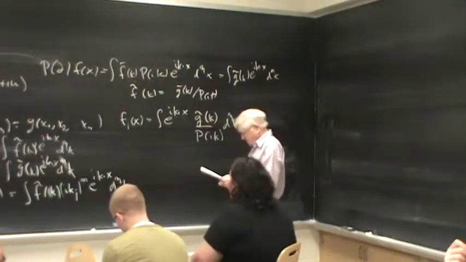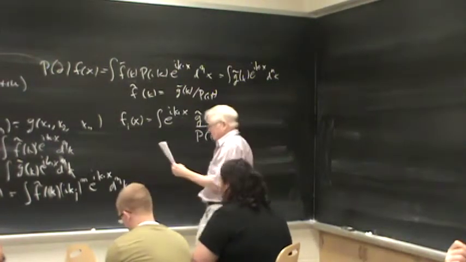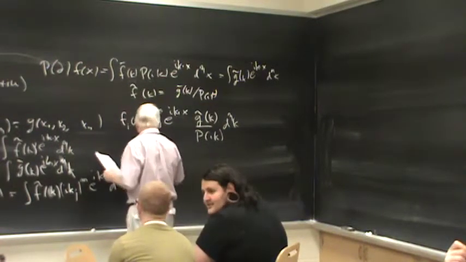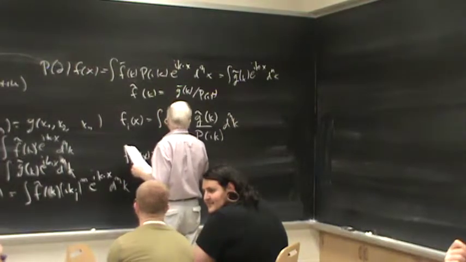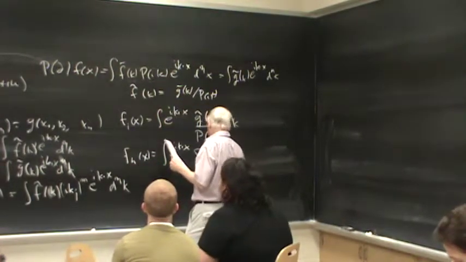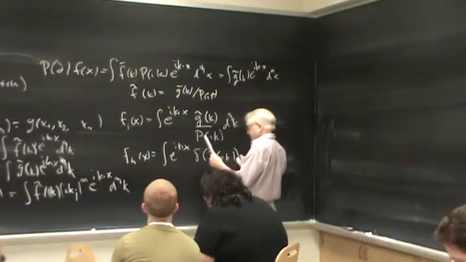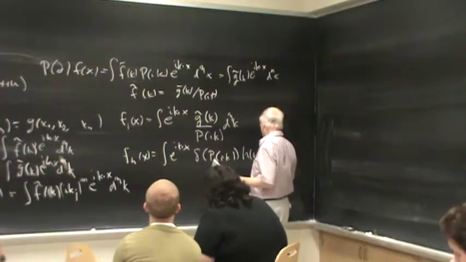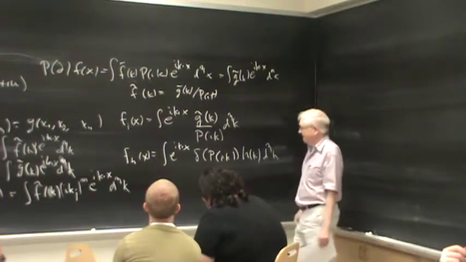For the homogeneous equation, I'm going to use the same trick as I used over there. I'm going to say f homogeneous of x is an integral of e^{ik·x} delta of p of ik, h of k, where h is essentially arbitrary, d^n k.